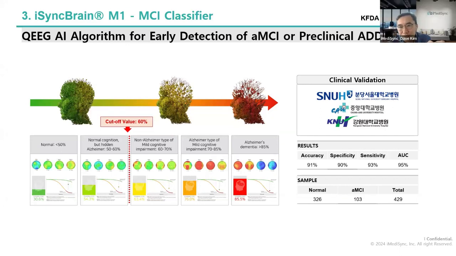There is a little difference between wet recording and dry recording. Are you using the dry EEG headset, our iSync Wave device? Do you use iSync Wave in your clinic? In the original clinical study, we used only wet EEG recording for making this biomarker, but dry and wet are a little bit different.